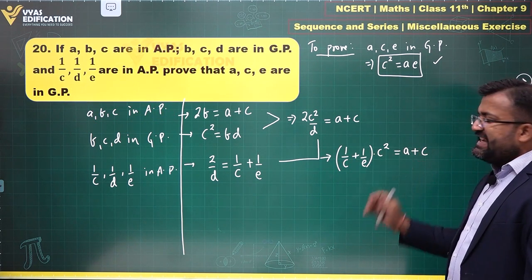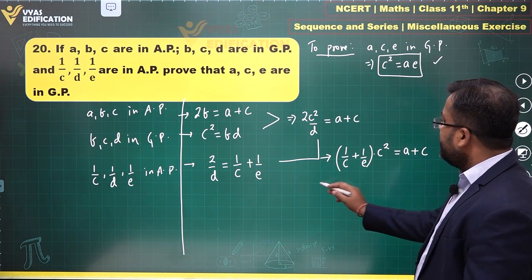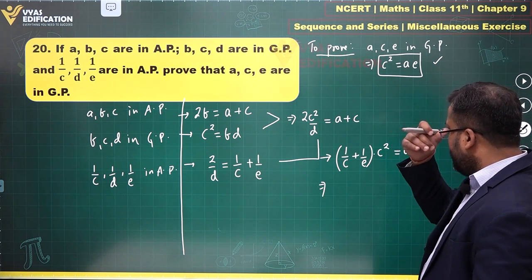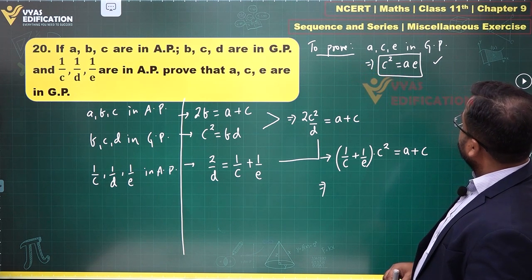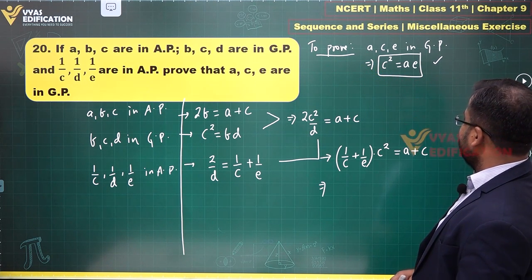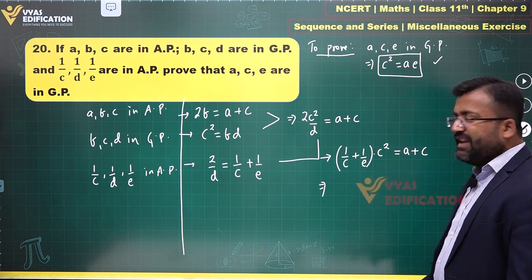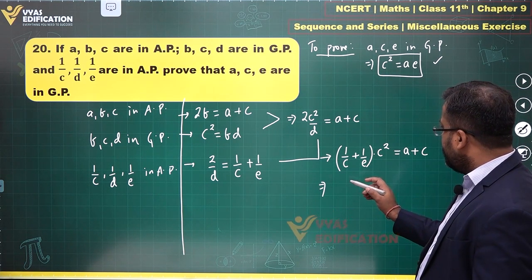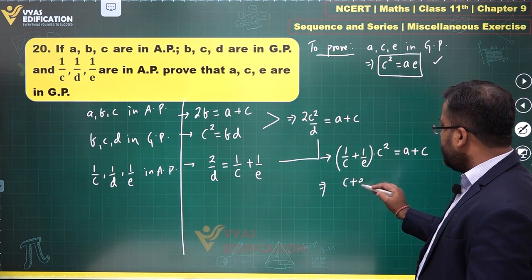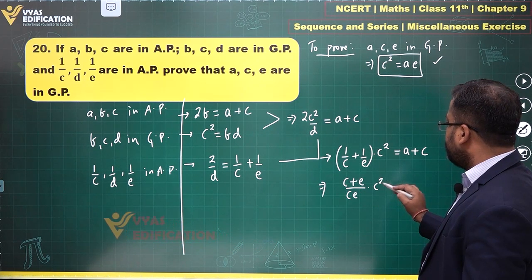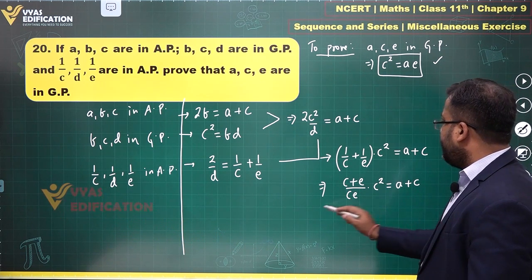Now we have a relation between a, c and e, and let's rearrange this relation to see where that takes me. We need c square is equal to ae, something of that sort. Let's try to simplify this. What do we have? This is (c plus e) upon ce into c square, which is a plus c over here.